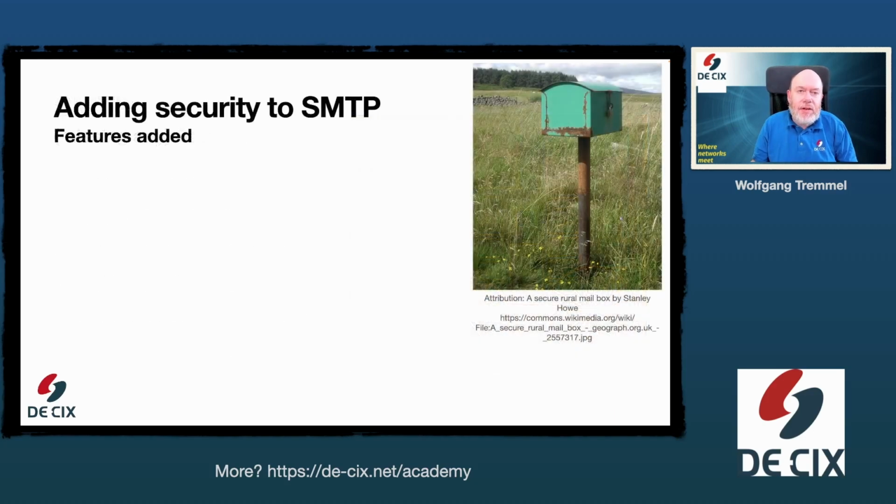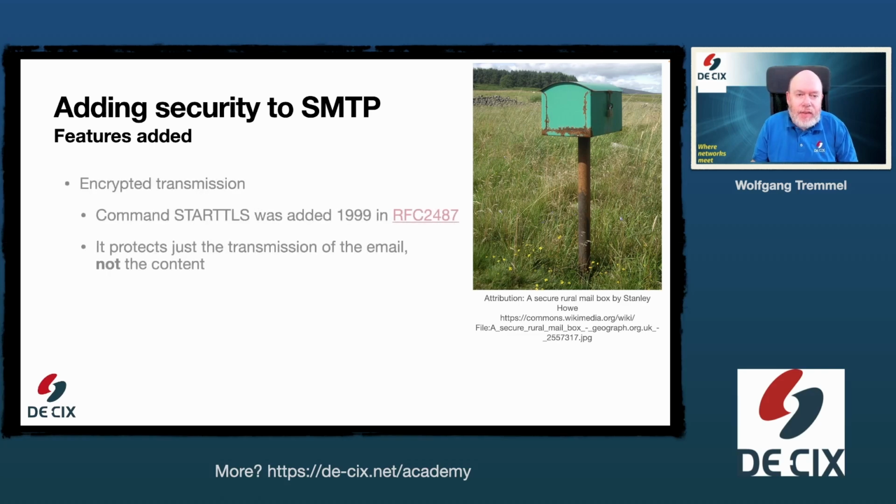Over time, security features, of course, were added to SMTP. Nowadays, there is encrypted transmission. Encrypted transmission means that the transmission between two systems is encrypted, not the email itself. That's still a text file. TLS, Transport Layer Security, is started with the command, which no longer has 4 letters, STARTTLS, and this was defined in 1999.